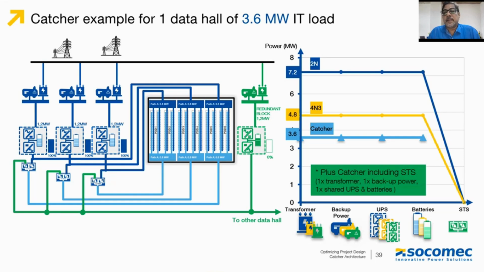However, the advantage still remains in this configuration when you look at the availability of the power using this architecture, which in the further slides I will illustrate, showing how the availability calculations play an important role. As I said, identifying STS not only as a switch, but as a component for improving the resiliency of this catcher architecture.